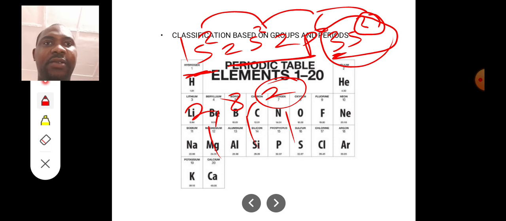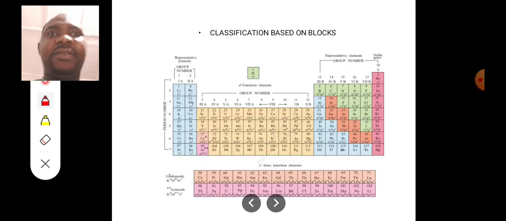Now we'll move on to classification based on blocks. Look, this is the periodic table that contains all the other elements. The ones we saw previously are for the first 20 elements, but here we have about 136 elements, if I'm correct.